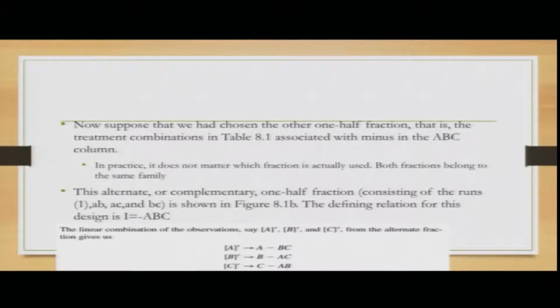A prime is basically the combination which gives you the effect of A without the effects coming from B and C. For B prime it will be B without AC, and for C prime it will be C without AB.